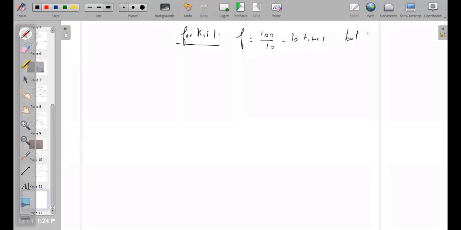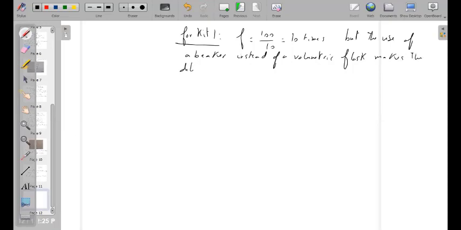But the use of a beaker instead of a volumetric flask makes the dilution imprecise.